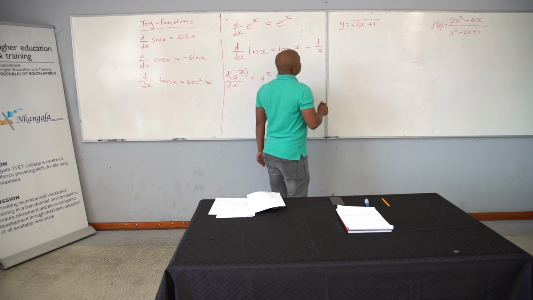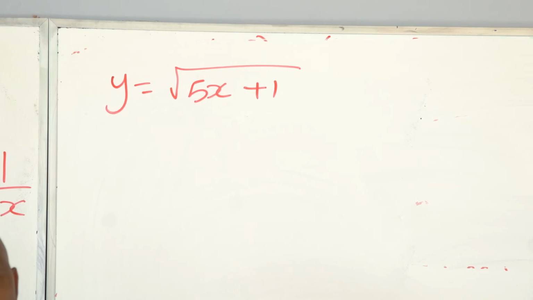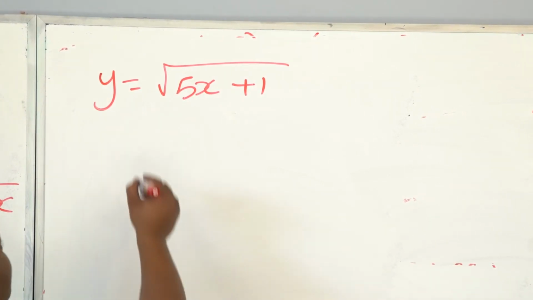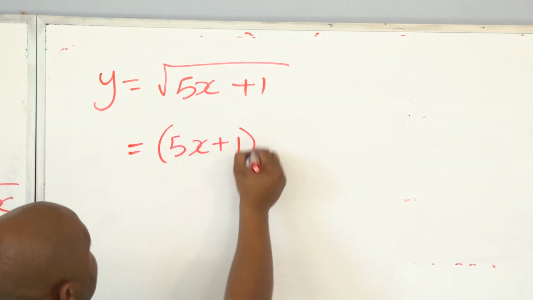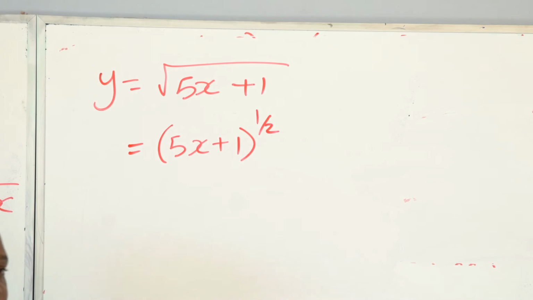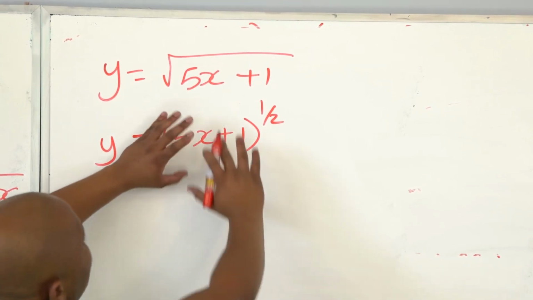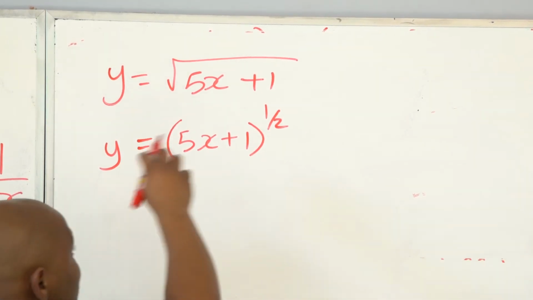So guys, when you have a square root, you know the square root is the same as to the power of 1 over 2. It's up to you if you want to rewrite this as 5x plus 1 to the power of 1 over 2. So y equals that. You can see that you have this big function to the power of half, and inside that something is going on.